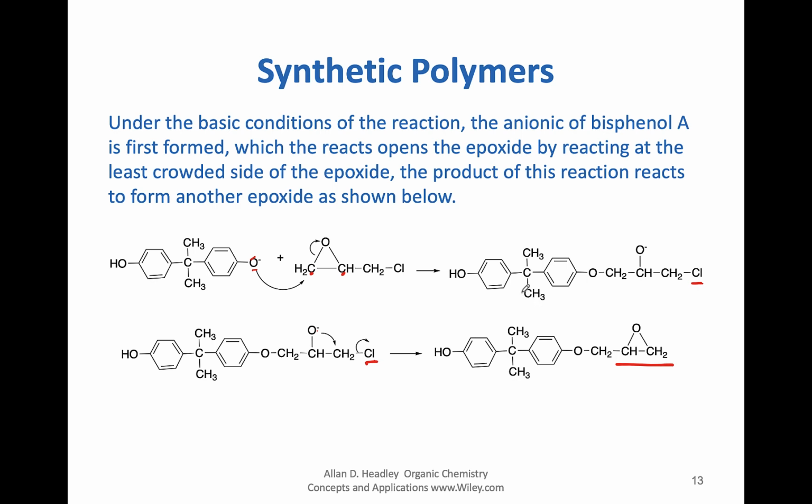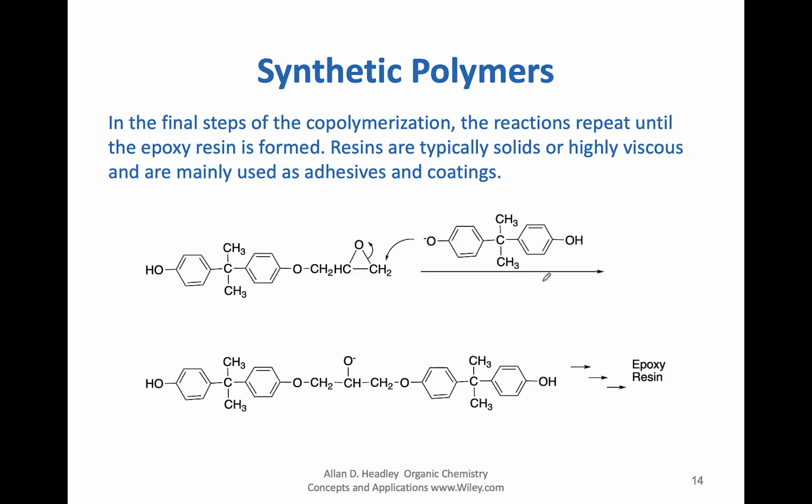You know what's happening on the next slide. It just keeps going. It just keeps going. So on the next slide here, we can have another mole of one of the monomers attack here and keep going until we have the resin, as we showed on the previous couple slides.